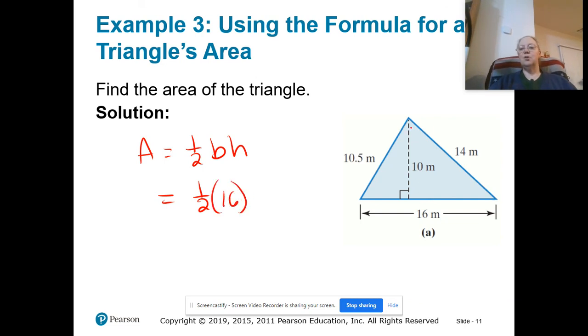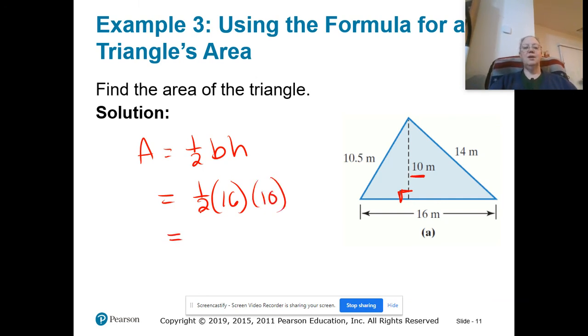The height and the base are going to be perpendicular to each other. And so my height then is 10.